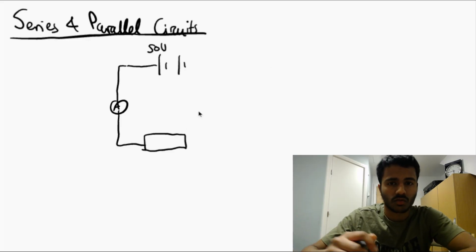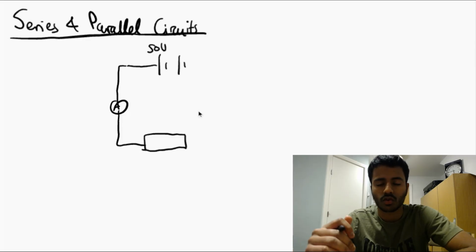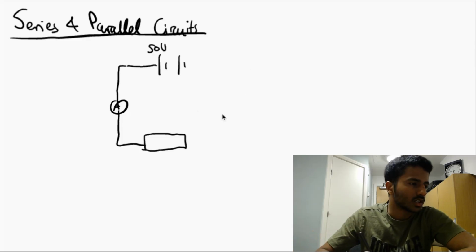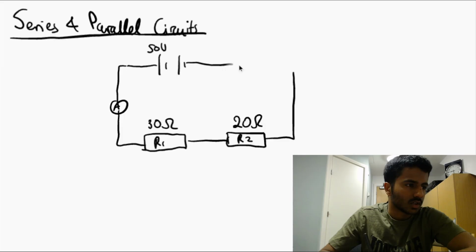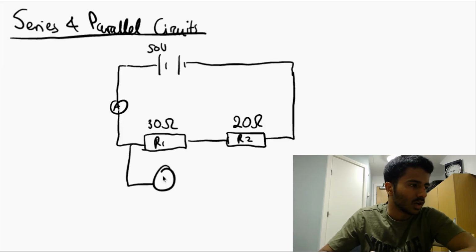So this means that they will follow V equals IR and will have constant resistance. So let's say R1 has a resistance of 30 ohms and R2 has 20 ohms. Draw up the circuit, and let's say we put two voltmeters which you know are placed in parallel with each resistor.